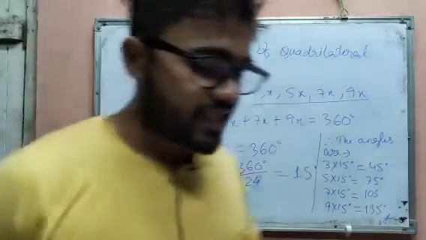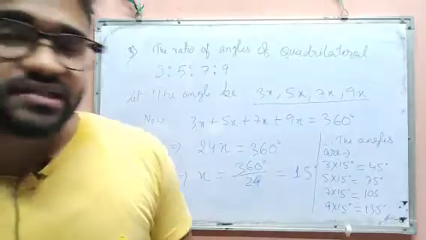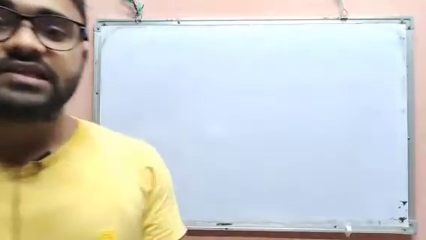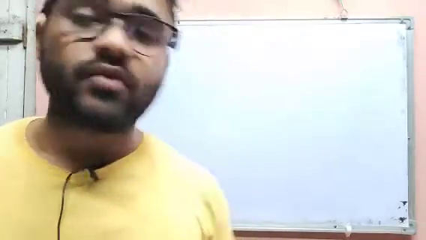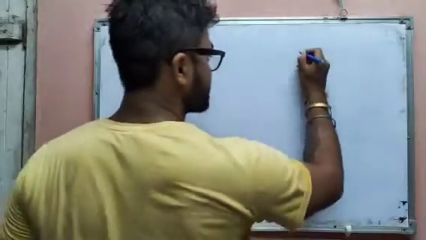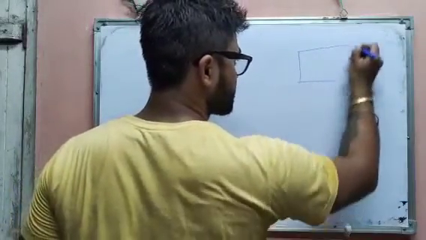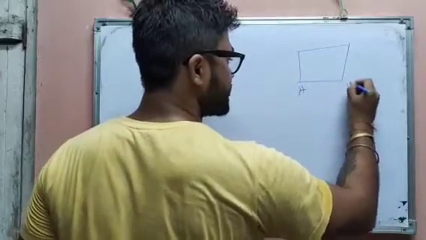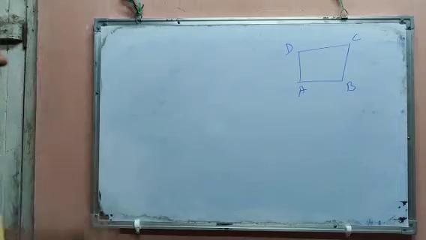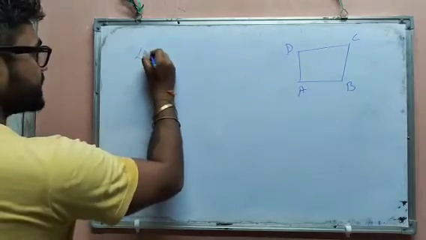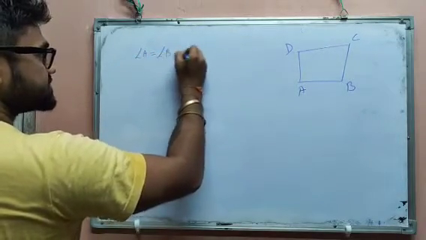Next, we have another problem. Three angles of a quadrilateral are equal. Say ABCD is a quadrilateral. Three angles are equal, that means angle A, angle B and angle C are equal.